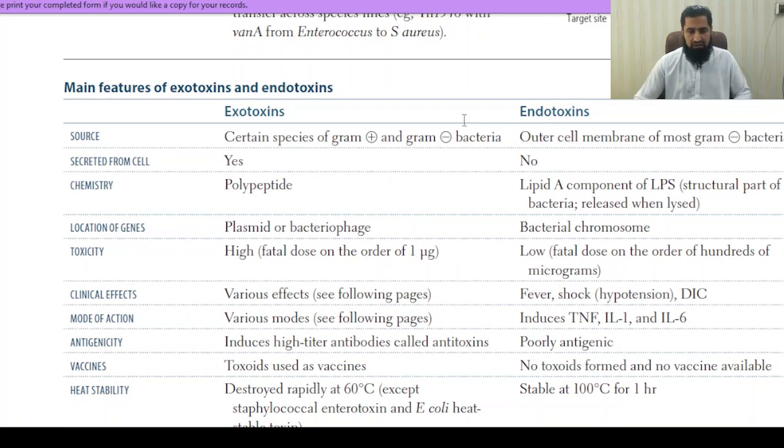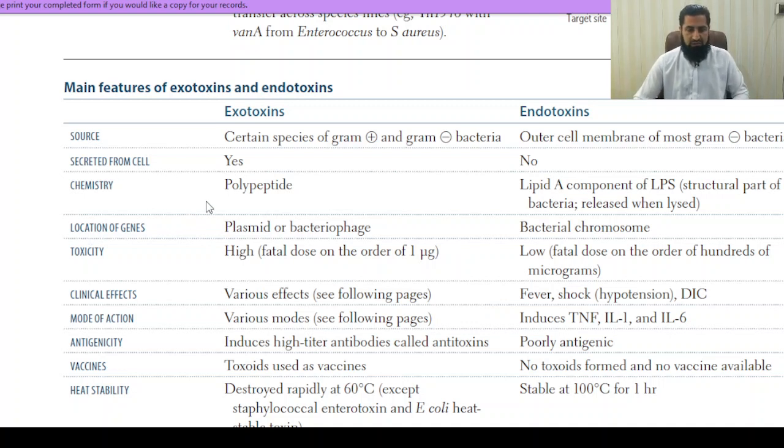Exotoxins and endotoxin. The exotoxin source is certain species of gram-positive and gram-negative bacteria, while endotoxin comes from the outer cell membrane of most gram-negative bacteria. Exotoxins are secreted from cells, while endotoxins are not secreted from the cells.